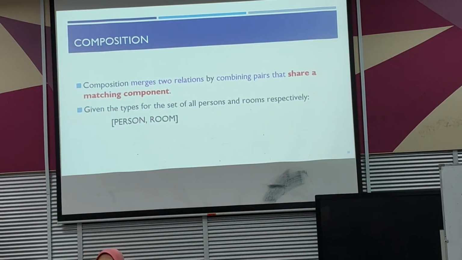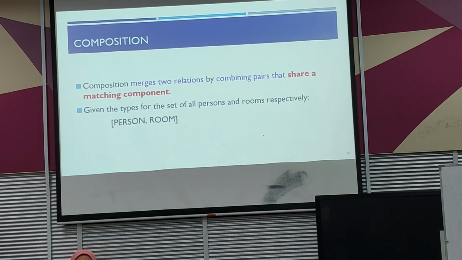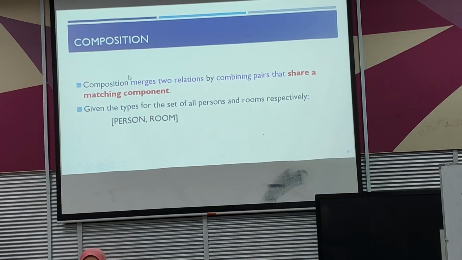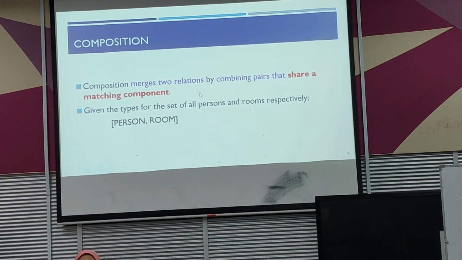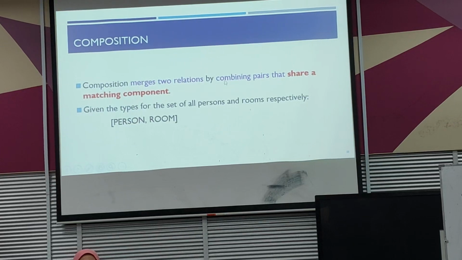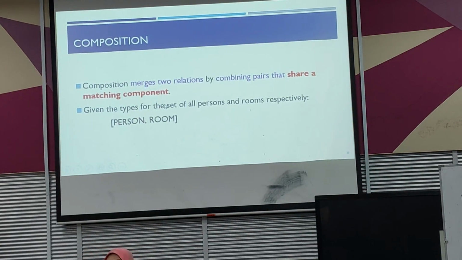Another thing that you may also do in your relation is what we call composition. So you are merging two relations, by combining pairs that share a matching component. If not matching, then you can't do it. For example, I have two basic types here, person and room.